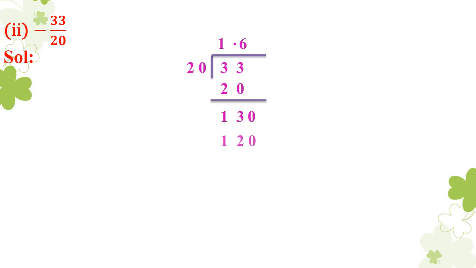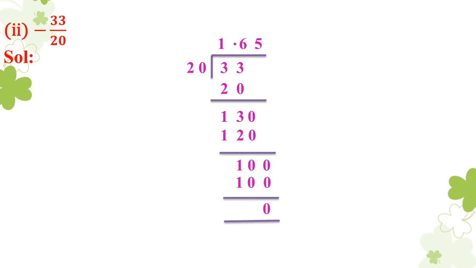Now 6 20s are 120. Now 130 minus 120, 10. We get the remainder 10 and add 0. 5 20s are 100. 100 minus 100, 0. We get the remainder 0.